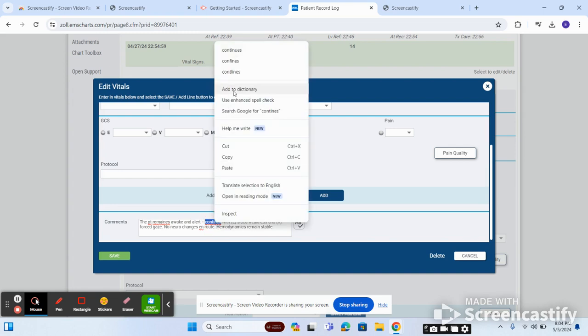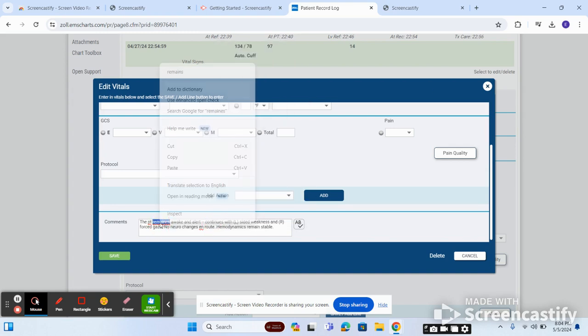Okay, so we're going to right-click these. We'll change these. It tells us that we're horrible at spelling.